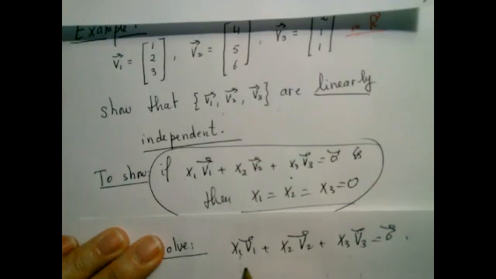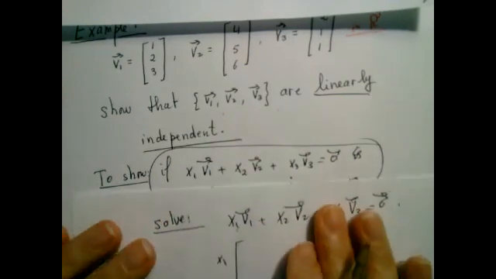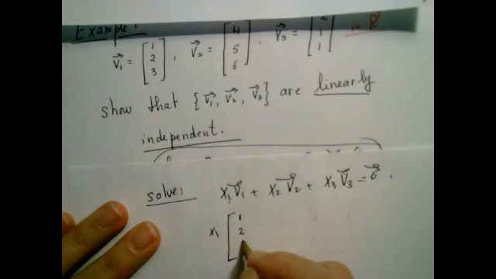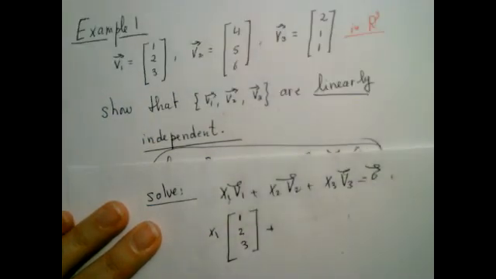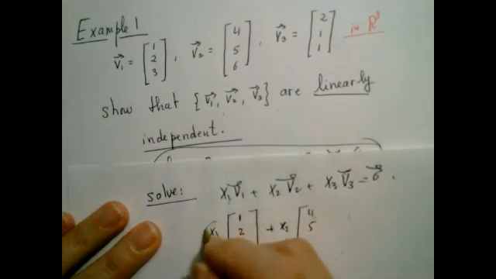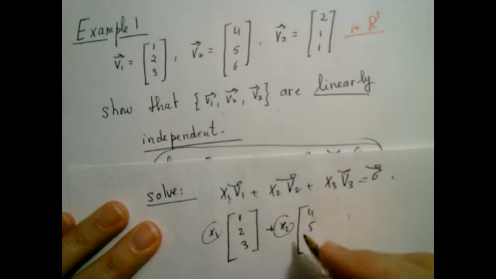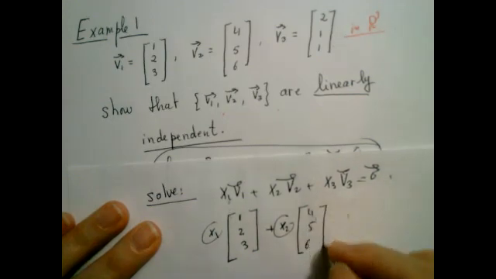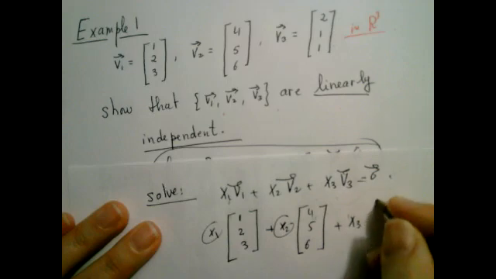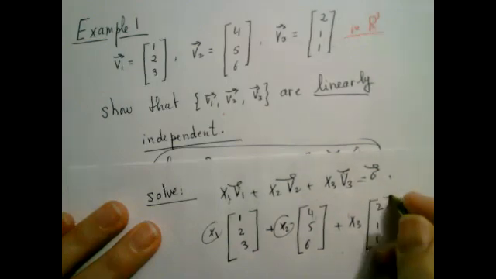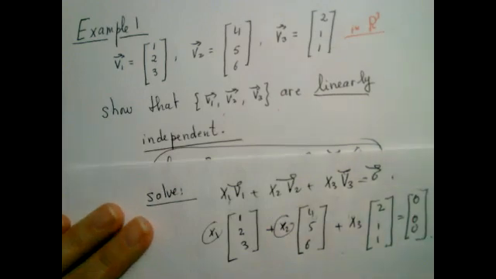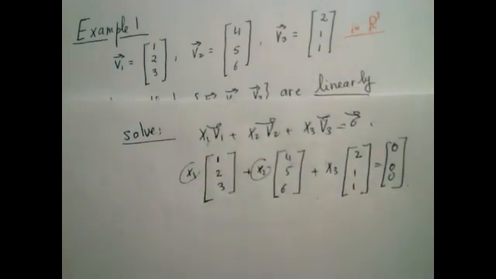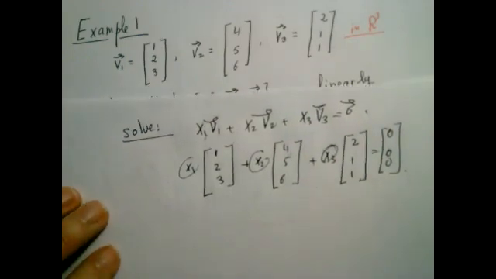It means x1 times (1, 2, 3), those are my vectors, plus x2 times (4, 5, 6), plus x3 times (2, 1, 1) equal (0, 0, 0). That's the equation I need to solve, and I have to show you that the only solution is the 0.